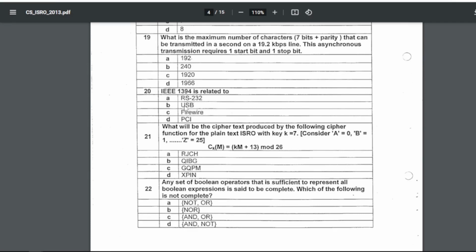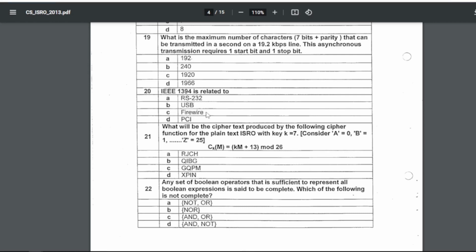Question number 20 is IEEE 1394 is related to what? Basically IEEE 1394 is related to firewire, right? So C will be the answer.